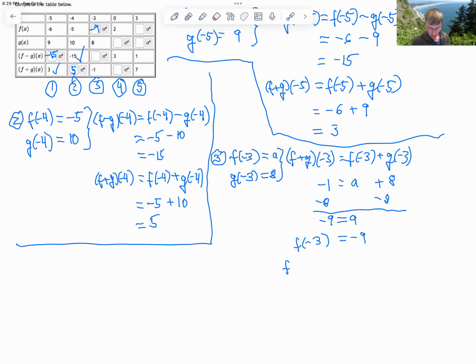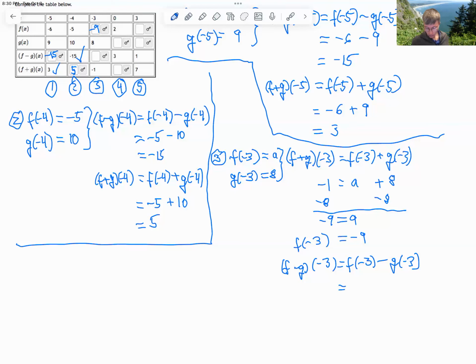Sorry about that. f minus g of negative 3 equals, again, I start by writing out the definition of what it means to subtract two function values, and I get, so now I can type both in, right?